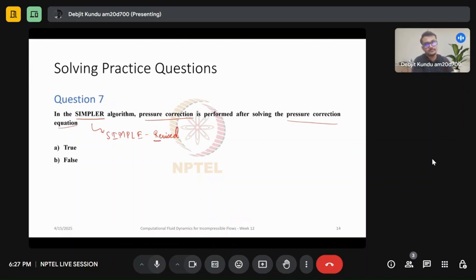So it's a simple true or false type of question. The statement is that in the SIMPLER algorithm, pressure correction is performed after solving the pressure correction equation. Is this statement true or false?